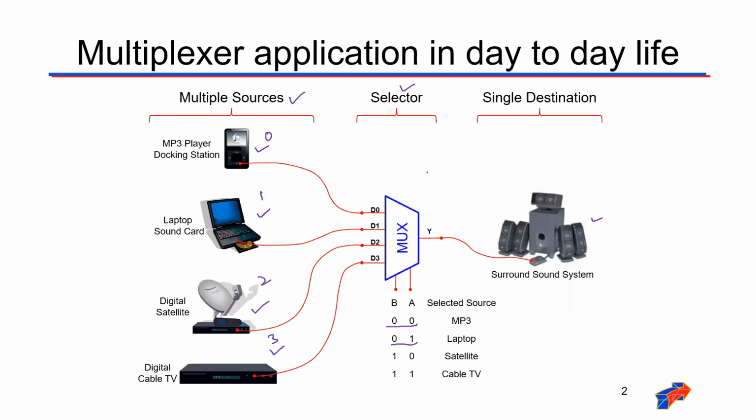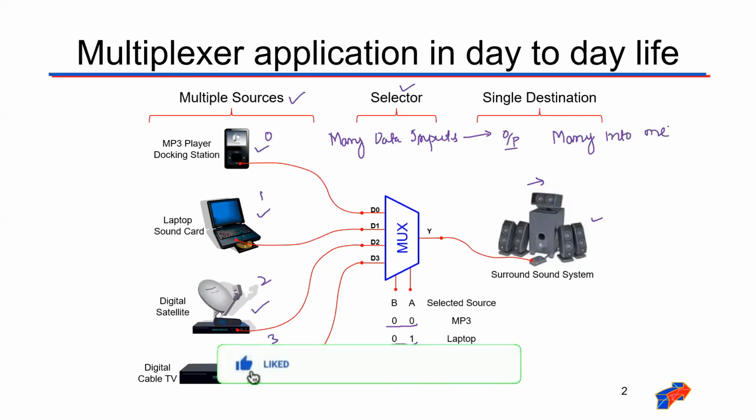Based on that, a particular sound is routed to this music system. So multiplexer basically means you are having many data inputs and only one output. It means many into one.